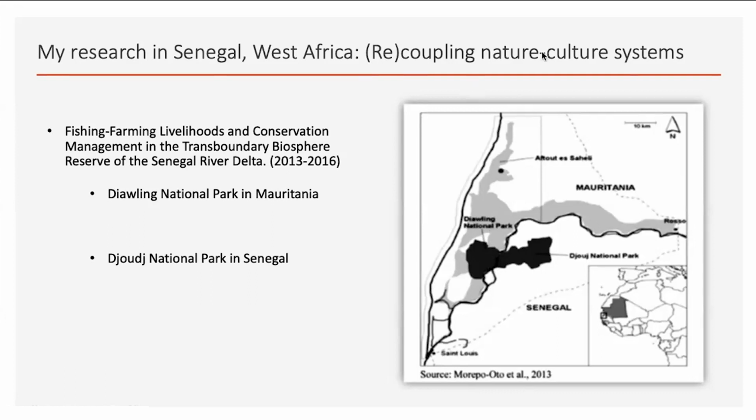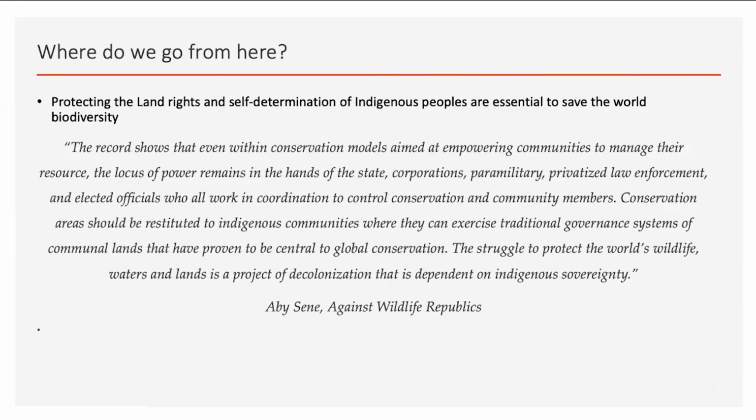And so recoupling nature-culture systems is really what Diawling National Park in Mauritania is also offering us. And so in conclusion, what is important, right, for even community-based conservation to work?